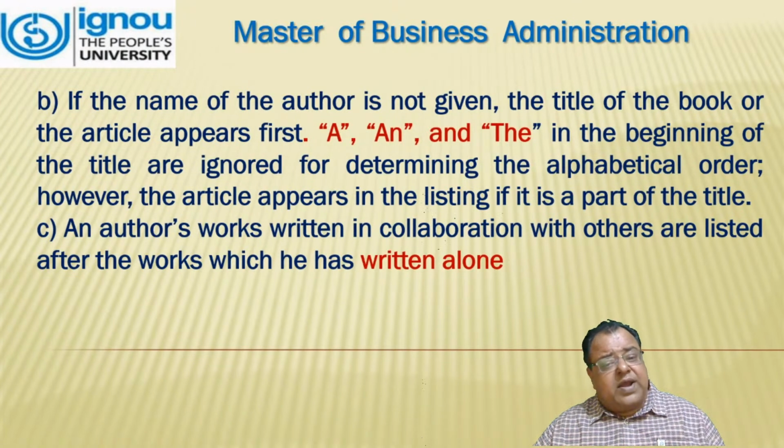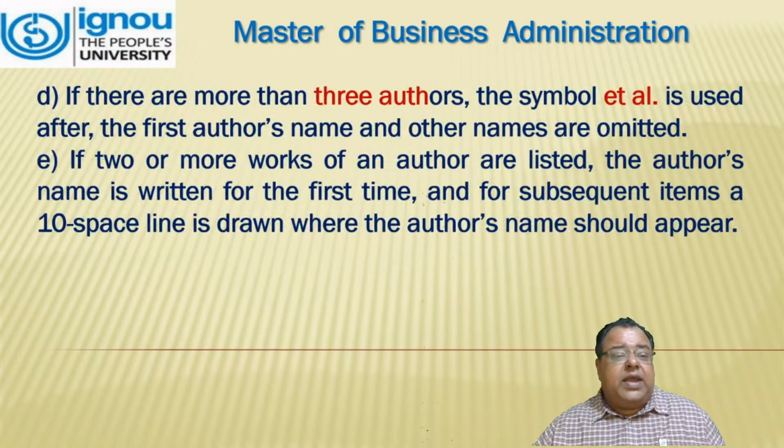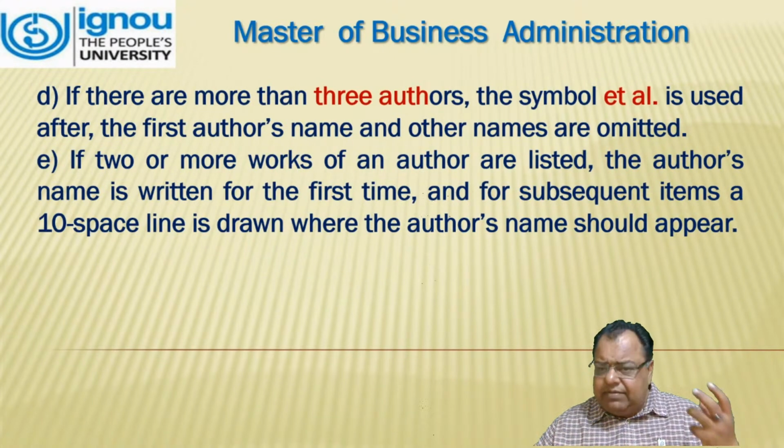An author's work written in collaboration with others is listed after the work which he has written alone. If there are more than three authors, the symbol et al. is used after the first author's name and the others' names are omitted. You might have seen this written somewhere.